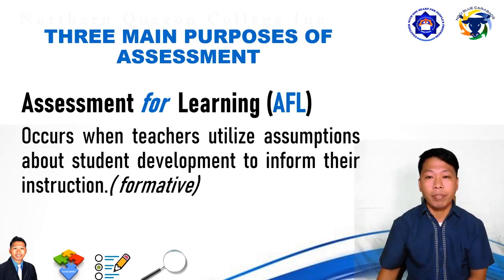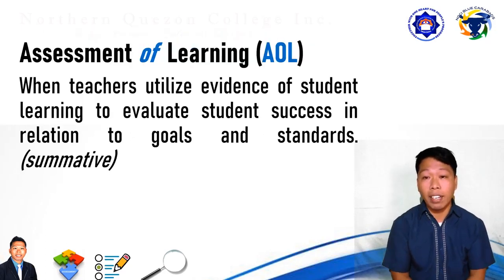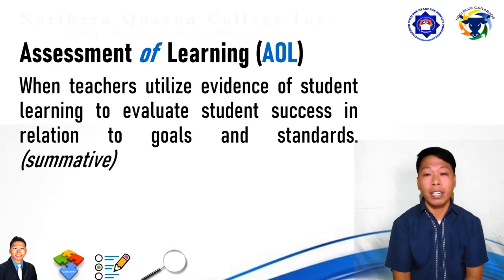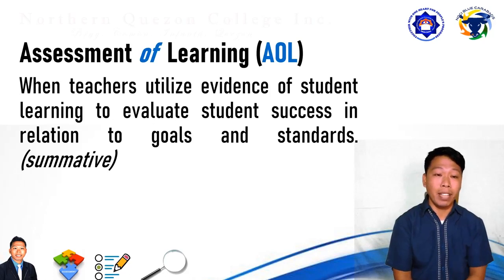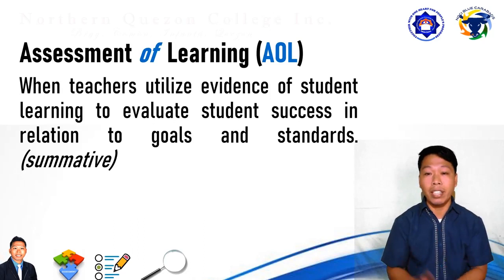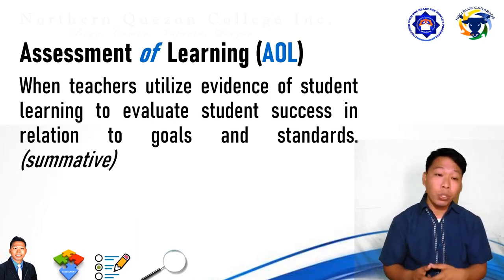Okay, next. Assessment of learning. So next purpose of assessment is what we call assessment of learning, or AOL. When teachers utilize evidence of students learning to evaluate student success in relation to the goals and standards, we do summative.